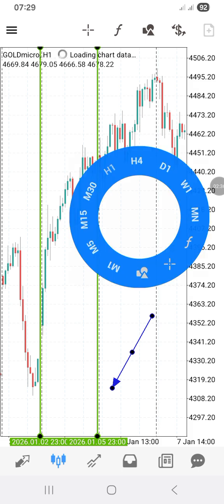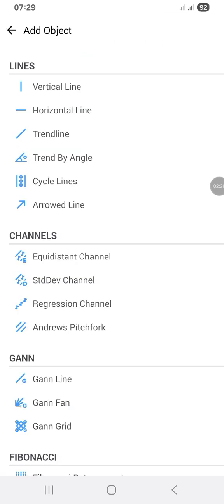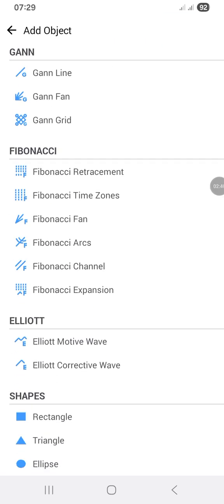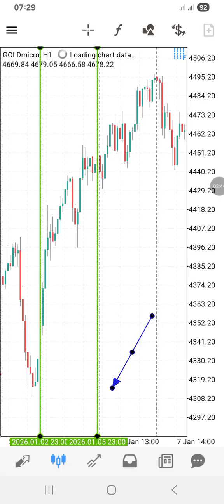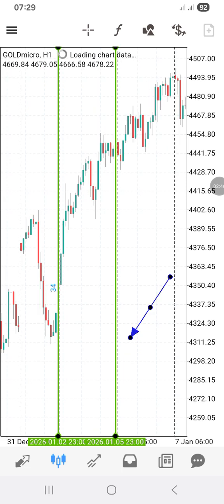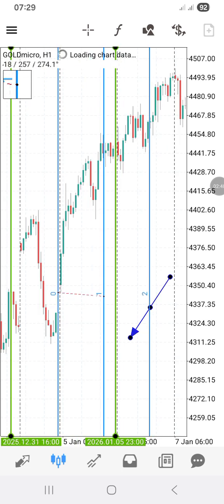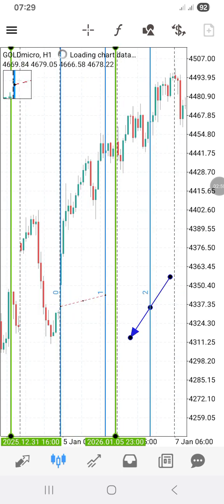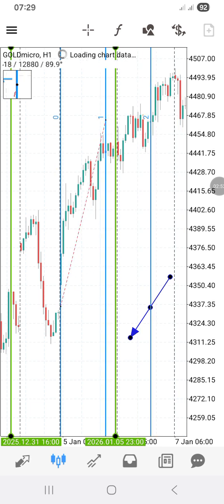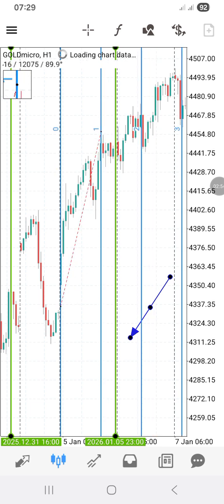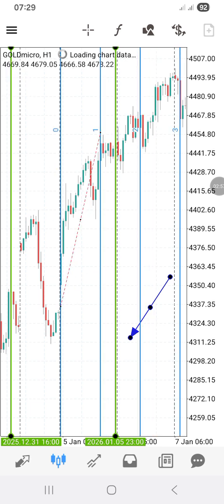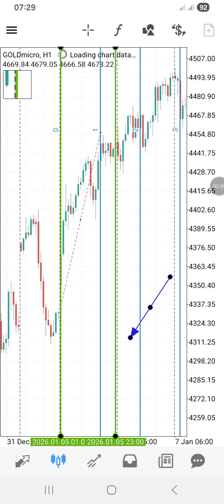So I'll take my Fibonacci time. It gives you time for Fibonacci time zones, right? So you are going to place your Fibonacci time zones from this low up to this high. What you're going to see here, guys, you're going to see vertical lines.